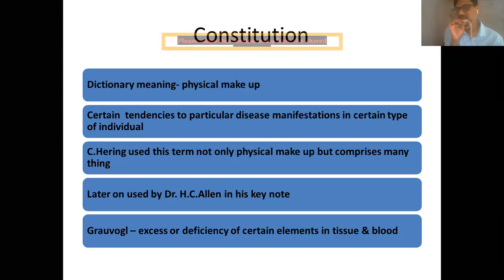Individuals like Rademacher, Grauvogl, and even Hahnemann have made a lot of observations on various patients, and after analysis of the patients, they found that certain types of individuals have more tendency to develop a particular disease.